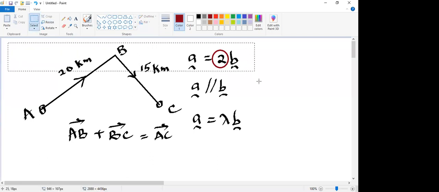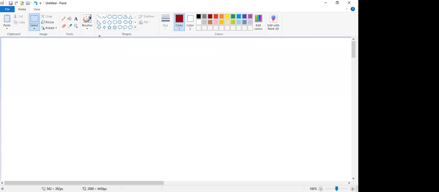Let's see how to share this. Allow me to take this diagram here. This is my diagram.